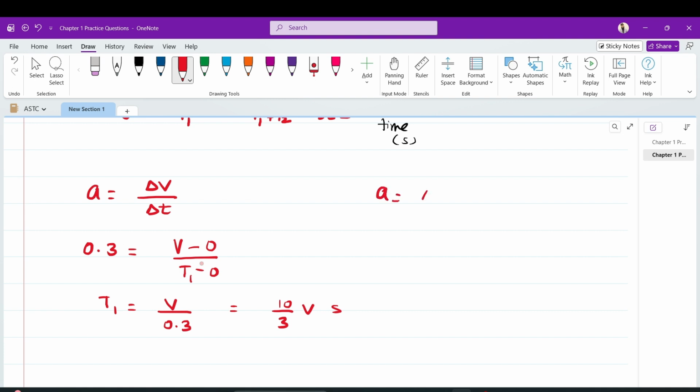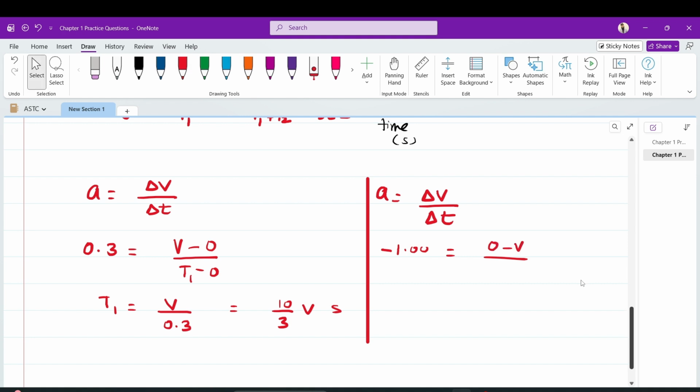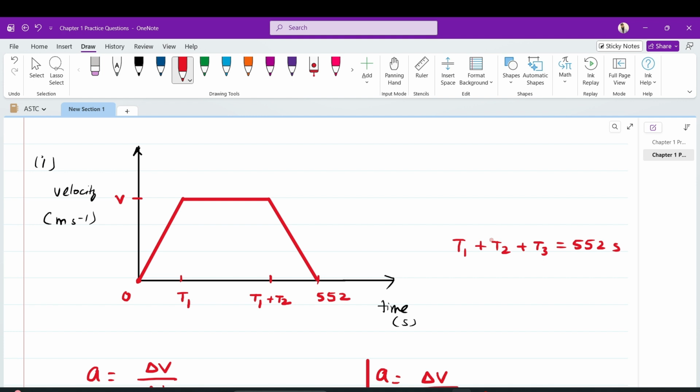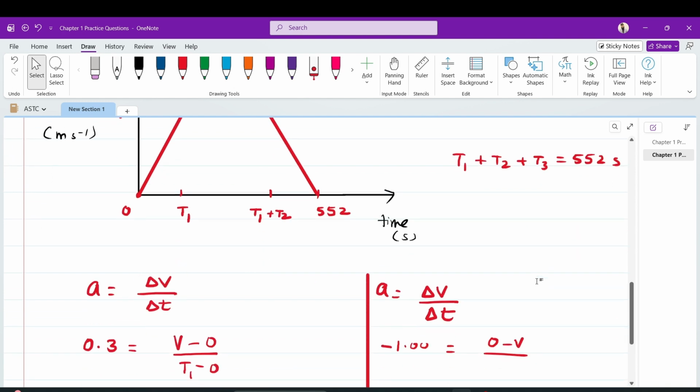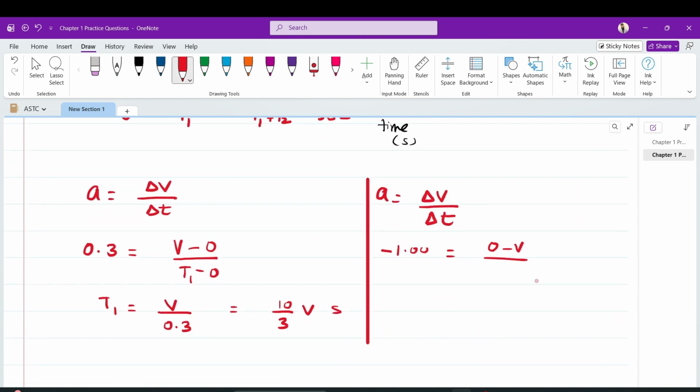Similarly, we can also do the same thing for the third part of the journey, which is t3. Okay, the acceleration was -1, and this is, sorry, my bad, 0 minus v, because now the final velocity will be 0 and the initial velocity is v, because now we are talking about the third part of the journey. So here final velocity is 0, initial velocity is v, and our duration will be t3 seconds.